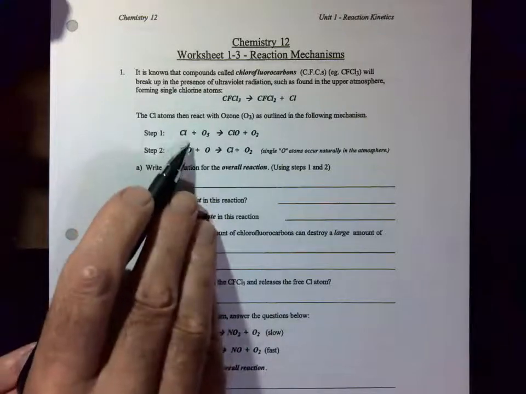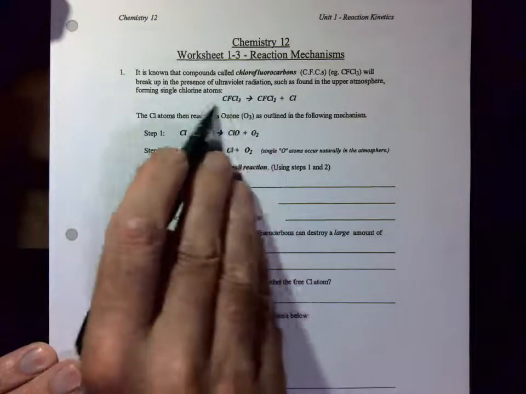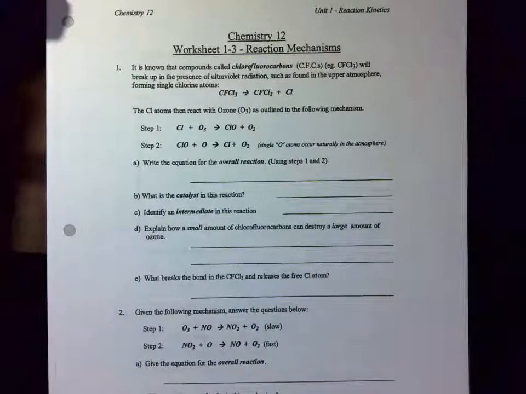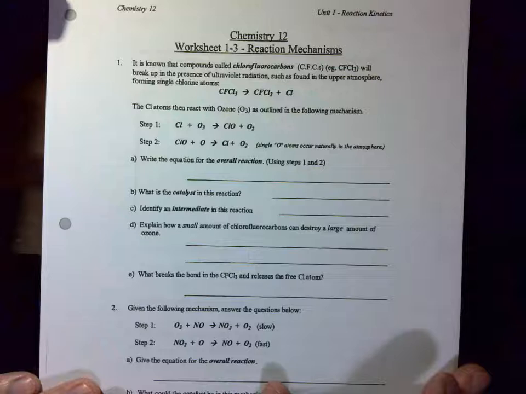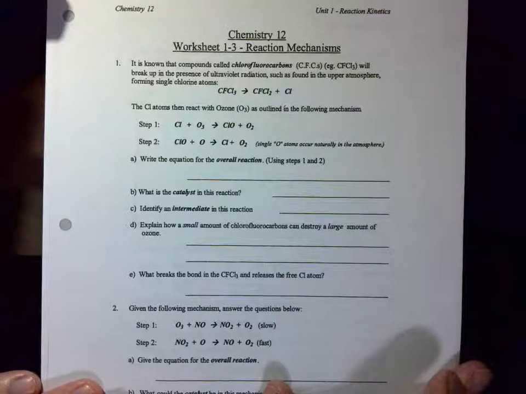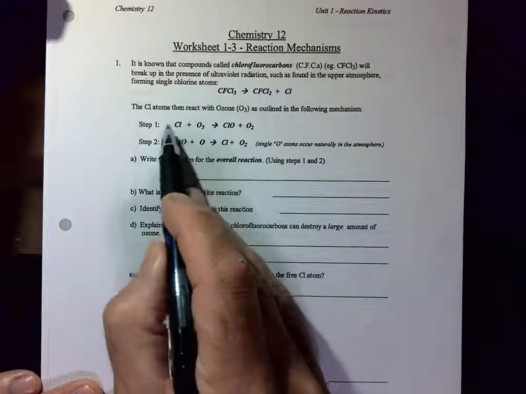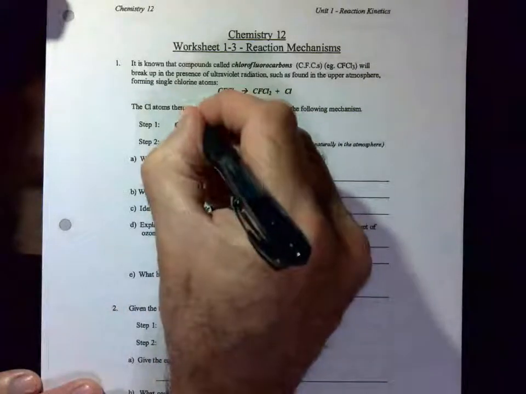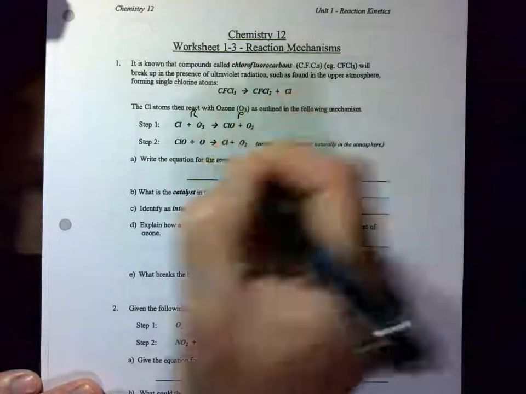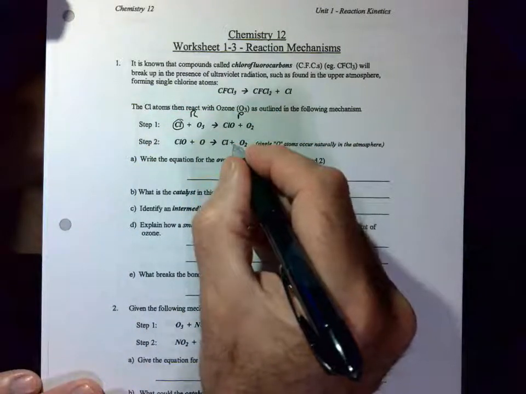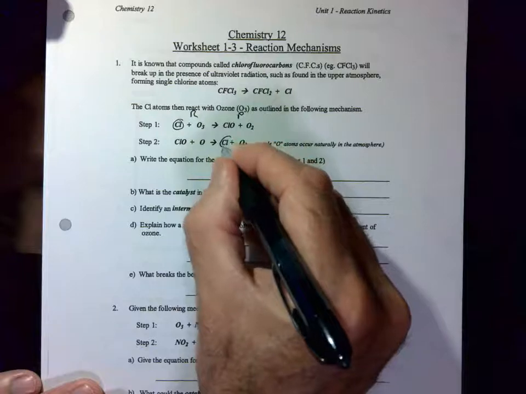These are the elementary steps or smaller steps that make up this overall step. Two things are important here. One is to realize a catalyst when you see one. A catalyst will be in the very first line on the reactant side, and will also appear on the very last line in the product side.